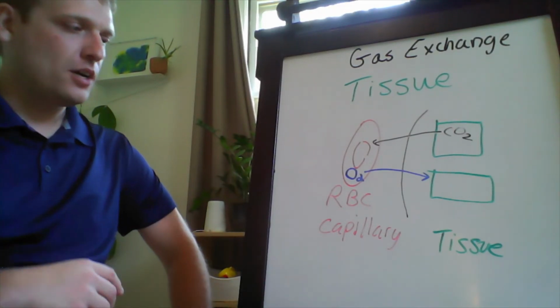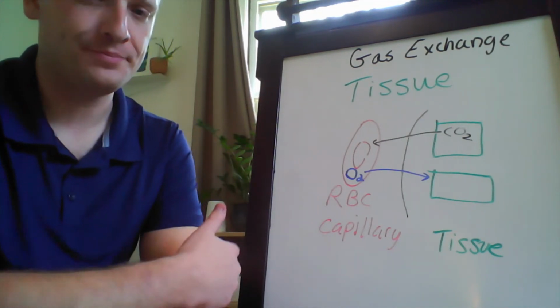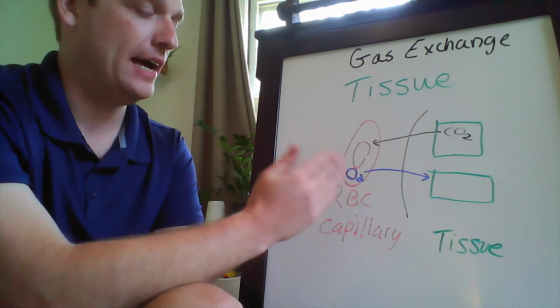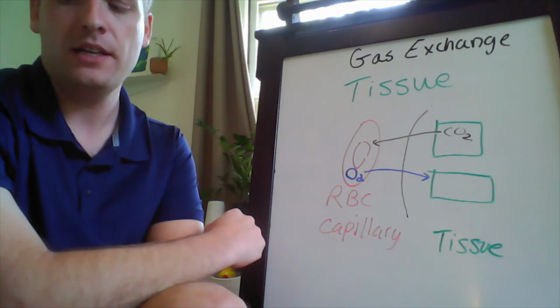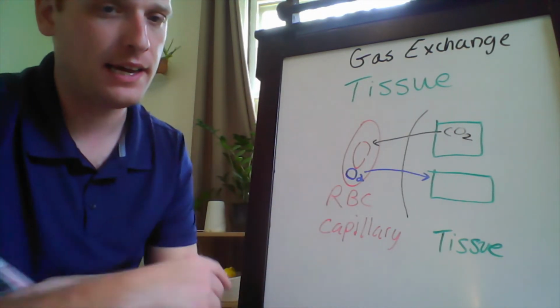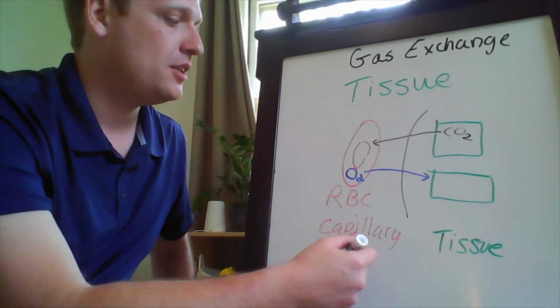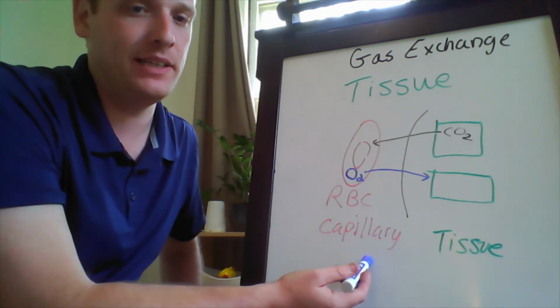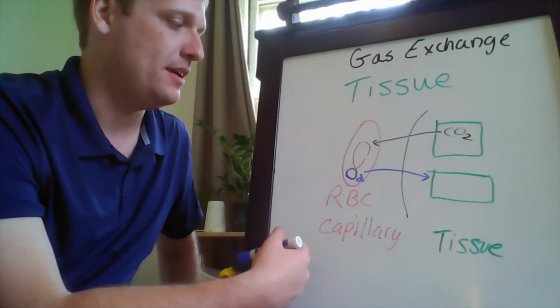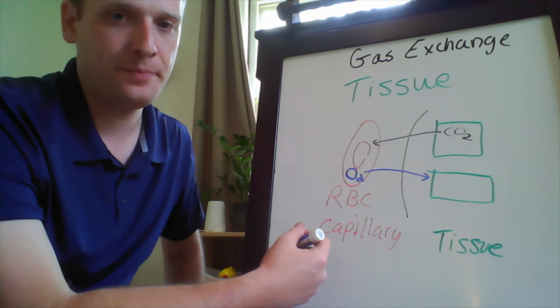So I want to talk a bit more also about the factors that affect gas exchange at the level of the tissue. And those are going to be, like the surface area of alveoli had a great effect on the amount of gas exchange going on, the surface area within the capillaries is also going to have a great effect on how much gas exchange there is.